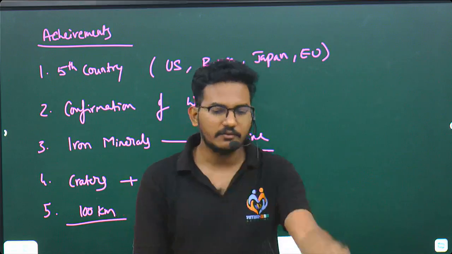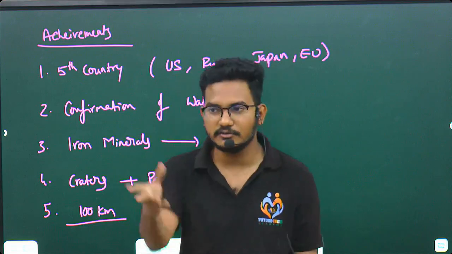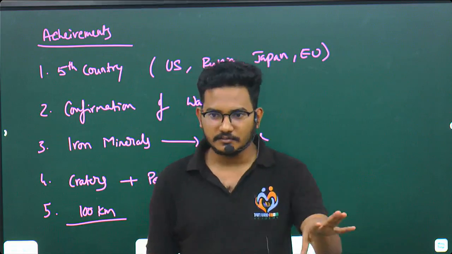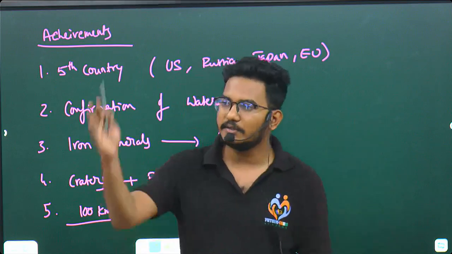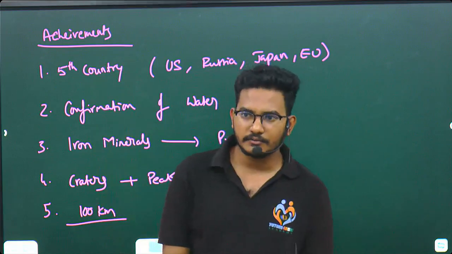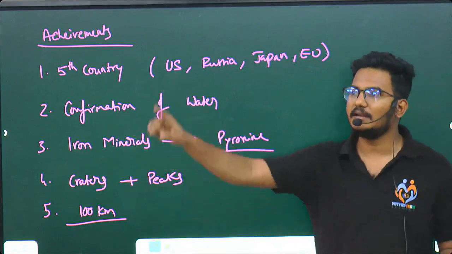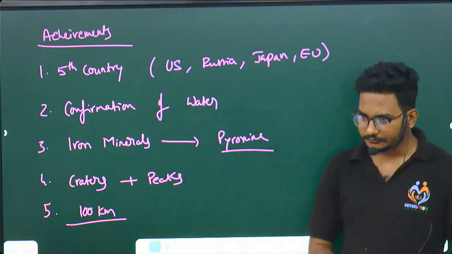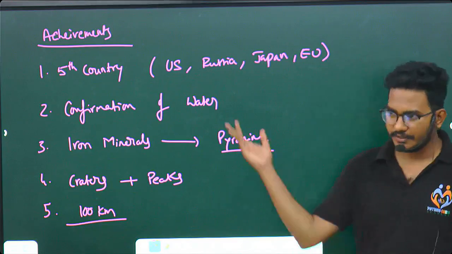Even after working for 312 days, it has taken 80,000 pictures, and out of 80,000 pictures, it has done 50% of the moon's mapping, and 90% of the resources it has found out. Achievements: we are the fifth country to insert our satellite in the moon's orbit after USA, Russia, Japan, and European Union.